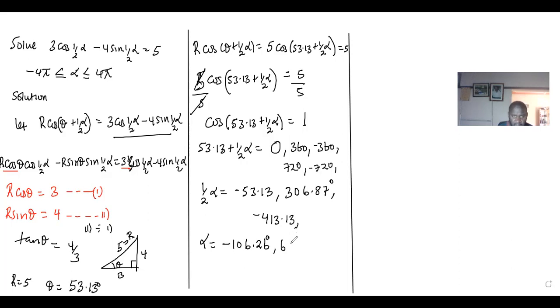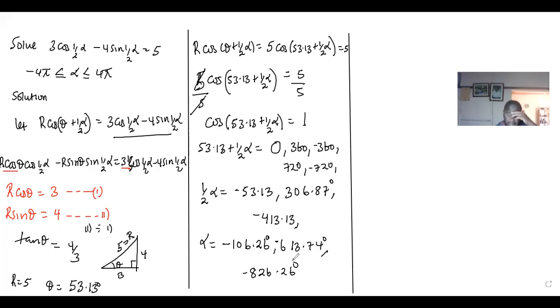613.74, a negative. Then you multiply the other one by 2, you get negative 826.26.